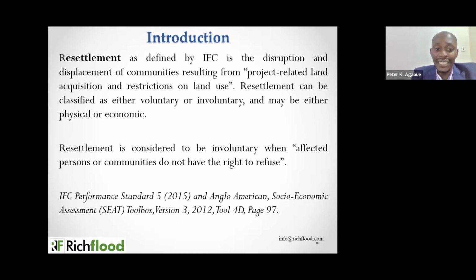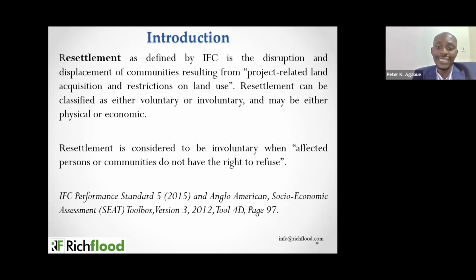For example, a household may be deprived of land for developmental purposes, and at the same time a community may be deprived access to a water source as a result of the projects. So the impacts may be negative on the livelihood of the people living in the area.